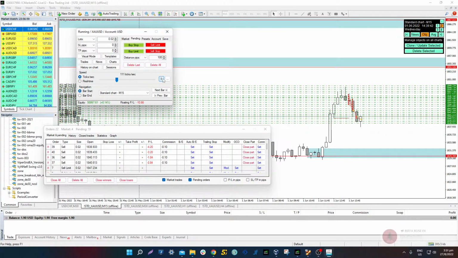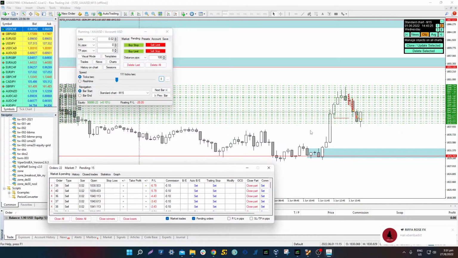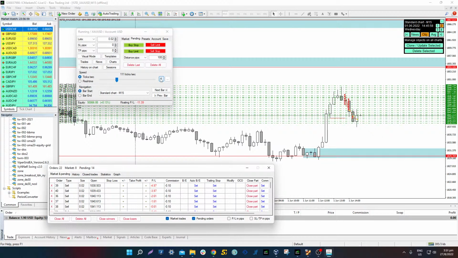So now price is making a pullback, probably a reaction to this zone over here. Okay, looking at that, it's a minor pullback.